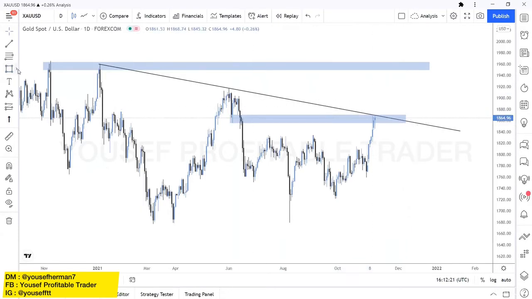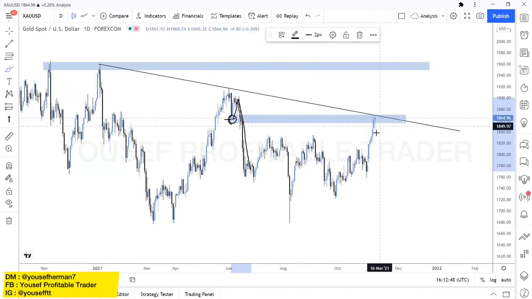Before this structure broke to the downside, it rejected to the upside, which means this had a function of support. Then it broke to the downside, and now it came back to the same level, which then will become a resistance.